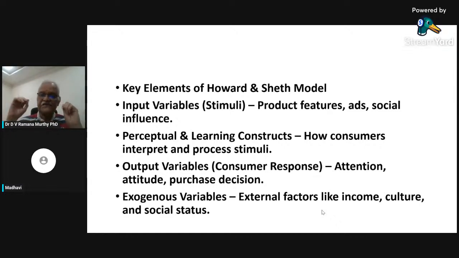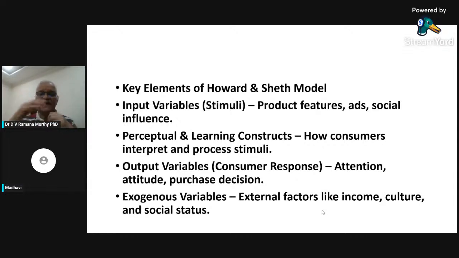Input variables means you are clearly stating product features and presenting advertisements accordingly, and also using social influence like celebrity advertising, etc. Then the perceptual and learning constructs. Of course you present a stimulus, but how consumers interpret the product information and process the stimuli is very important.